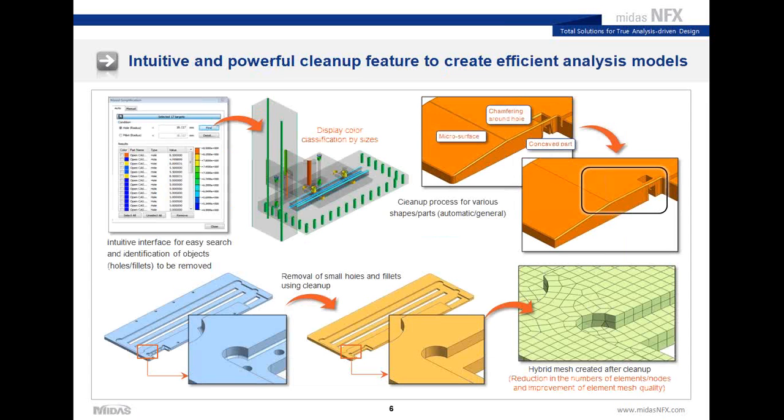The preprocessor also allows you to edit your geometry in terms of removing the unwanted holes and the thick fillets around the edges and the corners to help you generate a much better geometry so that you can create a more accurate FE model to obtain better results.